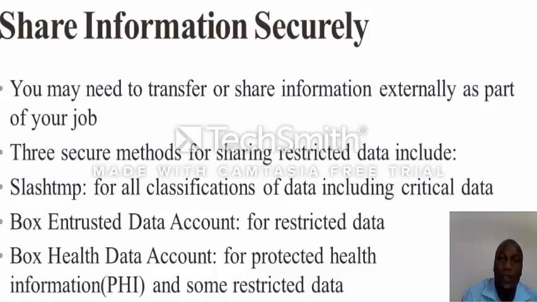This is for all classifications of data, including critical data. /term can be applicable to all types of data classifications. Box and trusted data account are for restricted data only. You can only use it for restricted data. Box health data account can be used for protected health information and some restricted data also.